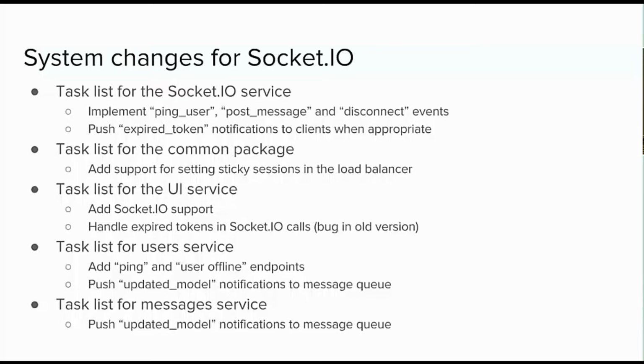The user service is the only service that knows when a user comes online or offline. So it'll push to the message queue the updated model event, and then the Socket.io service will pick it up from the queue and send it to the client over WebSocket or long polling. So that's users.